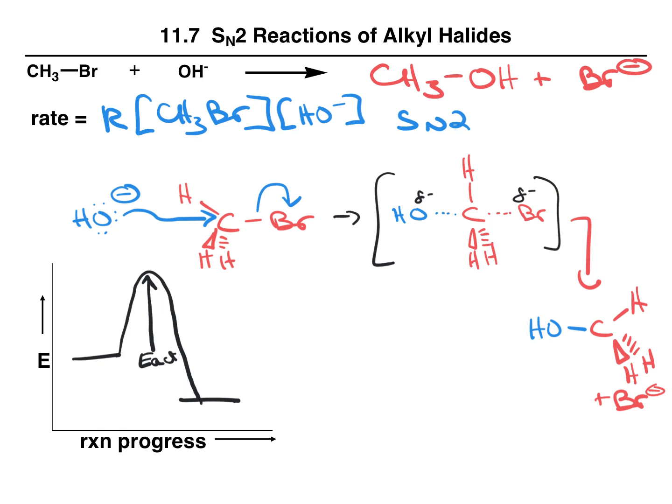There's only one step, so it has to be the rate determining step. So when we have a reaction where the bond forming and the bond breaking are happening at the same time, we call this a concerted reaction. So here we have the general information then for an SN2 substitution.